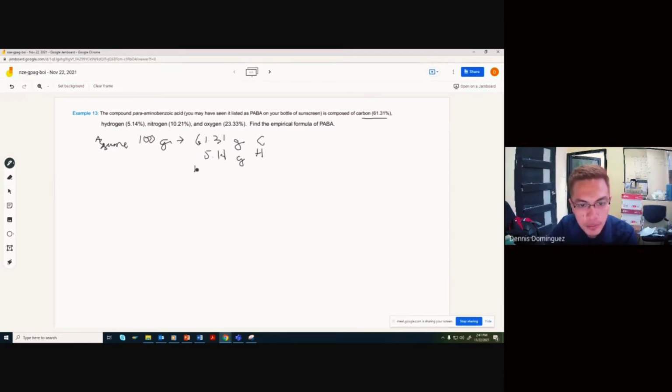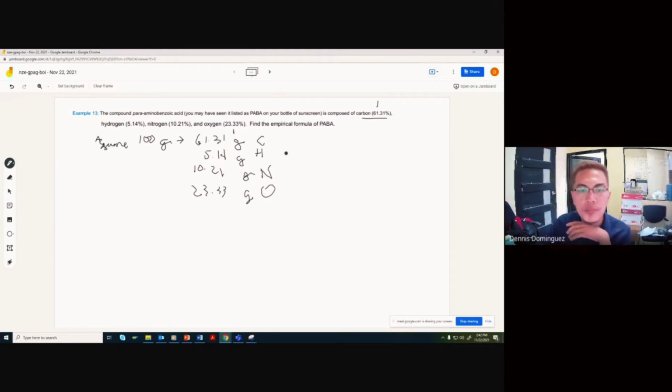Your nitrogen is 10.21 grams of your nitrogen. And your oxygen is 23.33 grams of your oxygen. Add them up. Is it 100? So that is around 99.99. The discrepancy maybe is in this part, from the oxygen.